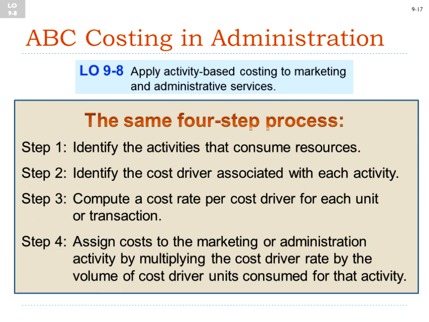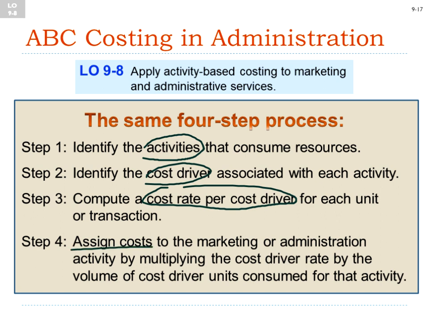And then finally, when we're doing ABC costing in administration, it's going to be the same thing as the prior slide. You got to identify the activities that consume resources, identify the cost driver, calculate your cost rate per cost driver for each unit, and then assign the costs.